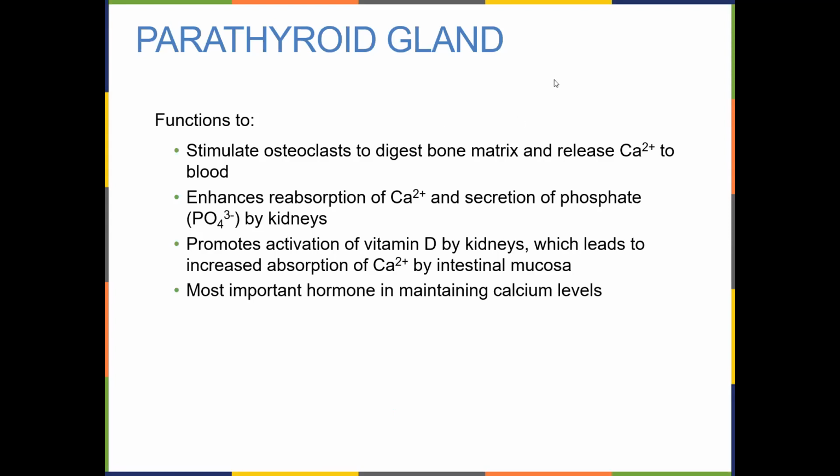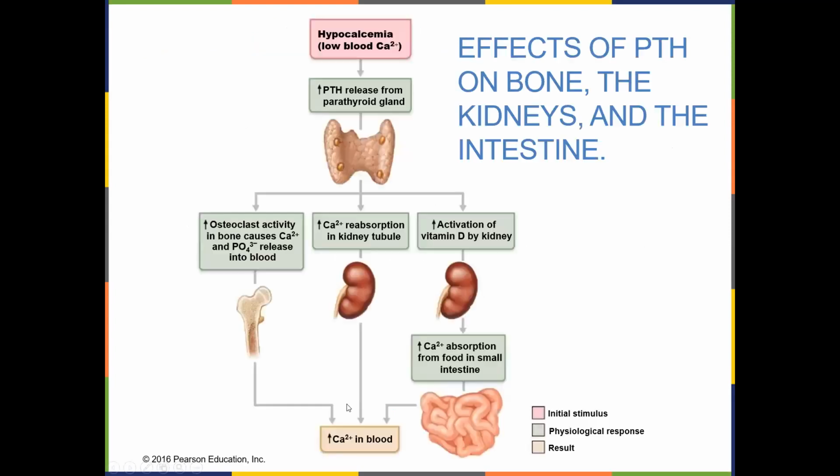Okay, I'm not big on flow charts, but this one is a pretty good one. It shows the three things that parathyroid hormone does. If our blood levels of calcium are low, we have what's known as hypocalcemia. Parathyroid hormone will stimulate osteoclast activity to dissolve bone.